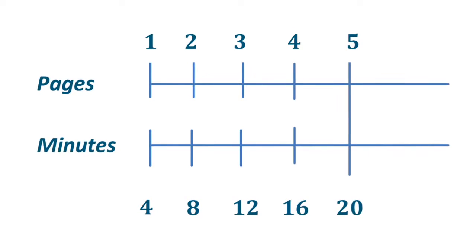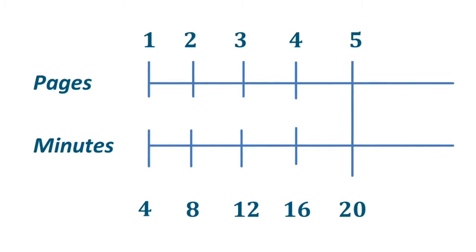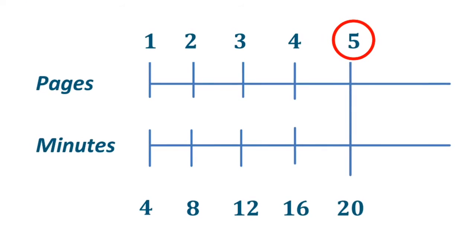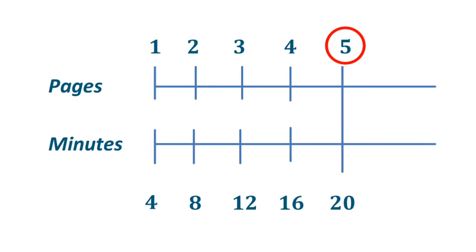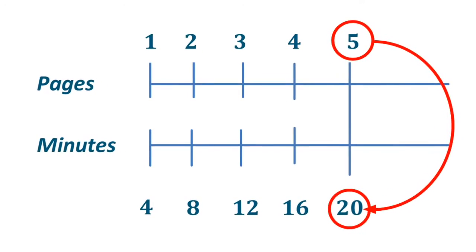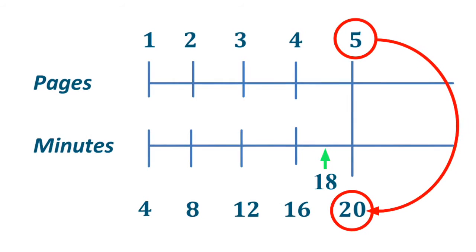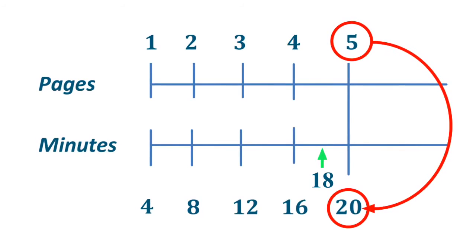But remember the question? We wanted to know if she can type at a rate of 5 pages for every 18 minutes. Well, here's the 5 pages. So, how long does it take her to type 5 pages? Aha! It takes her 20 minutes to type 5 pages. And 18 minutes was where she needed to be able to type 5 pages.